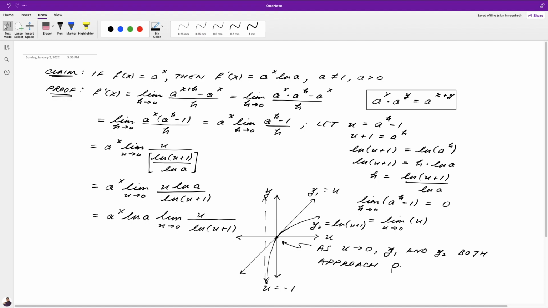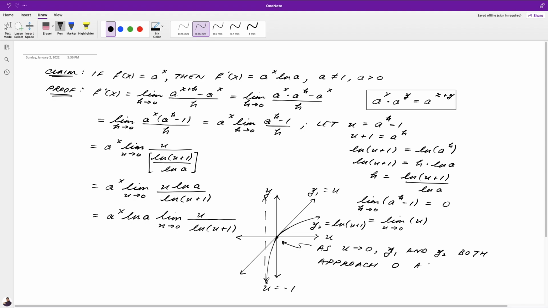And since the limit's not concerned with what happens at, but what happens near, notice the slope of the tangent line to this curve at 0 is going to be just 1. Just like the slope of this line is 1. So as u goes to 0, y1 and y2 both approach 0.